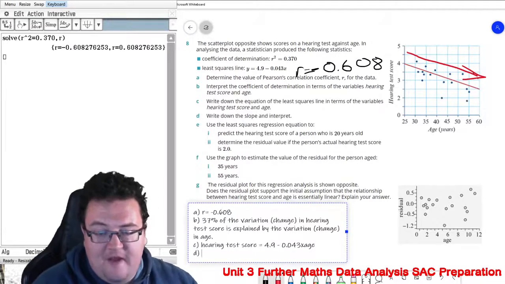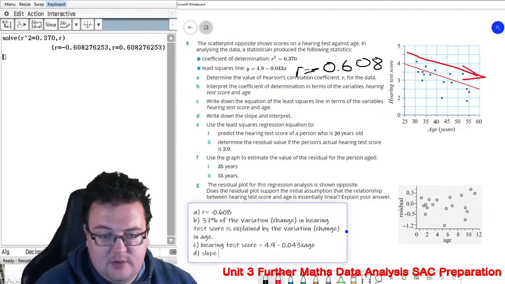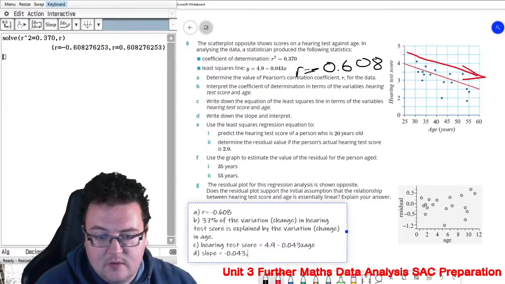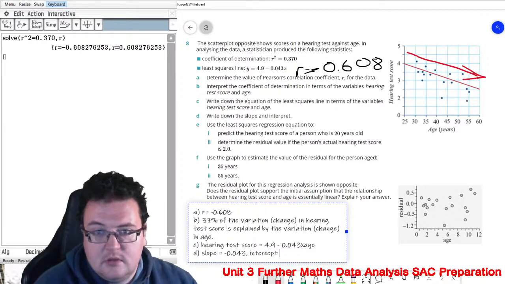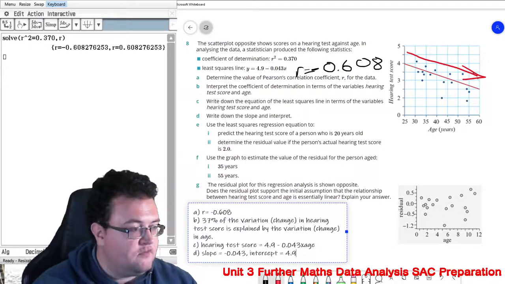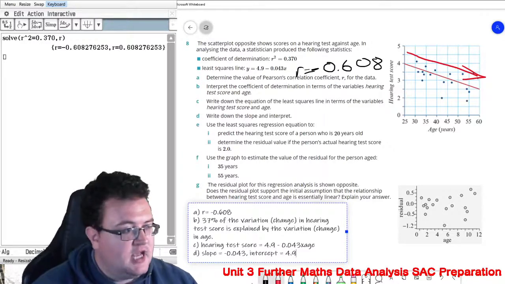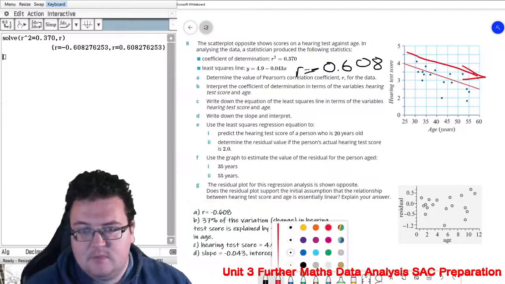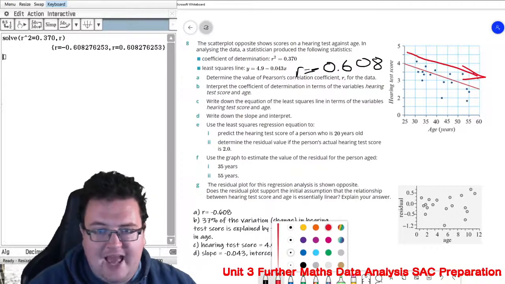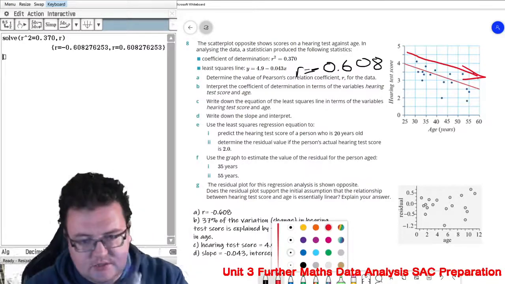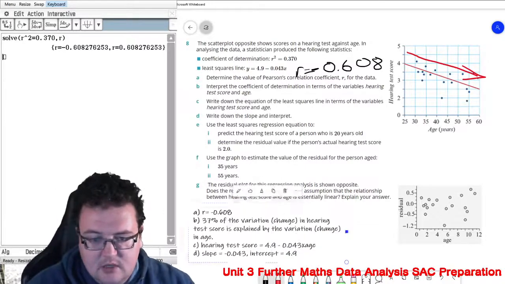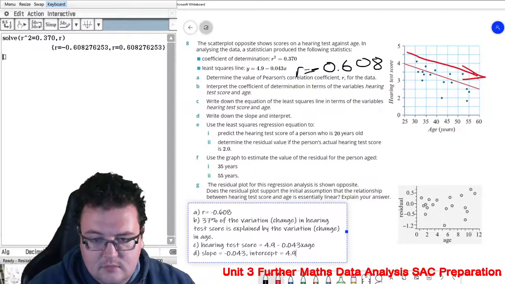Right, the slope and the intercept. Slope is negative 0.043. The intercept is 4.9. All right, remember this comes from Y equals A plus BX. A plus, well, it's going to be a minus, and we go from there.